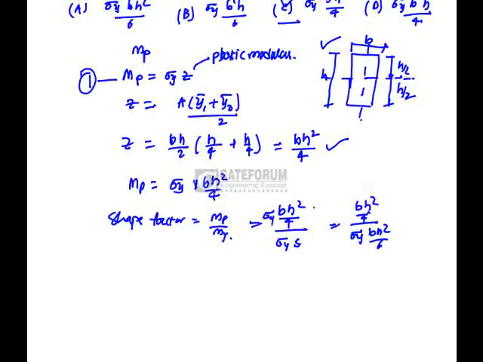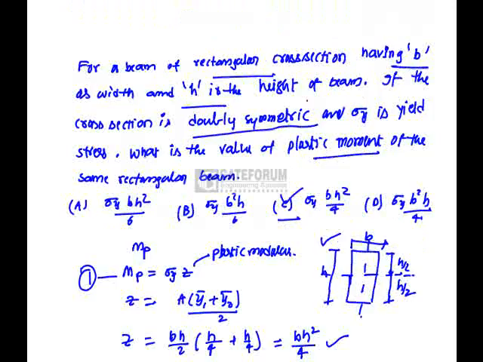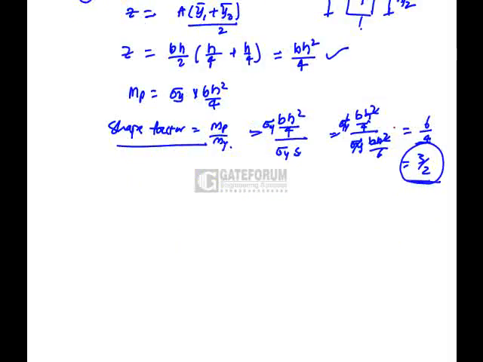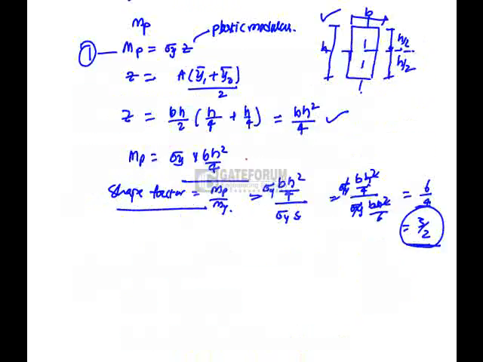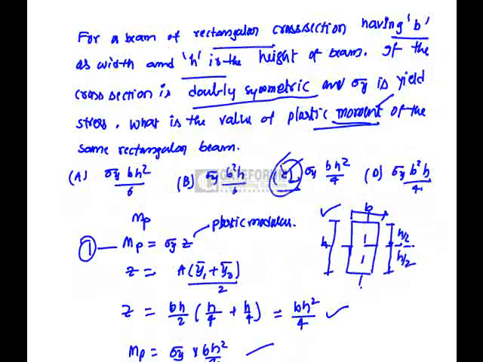Sigma y is also going to be here, so sigma y and BH square are cancelled, 6 by 4, that is equal to 3 by 2. The shape factor of a rectangular beam having a width of b and h, with the cross section doubly symmetric, is going to be 3 by 2. This also is going to be one of the questions. For this question, they have asked the plastic moment, so the plastic moment is sigma y into BH square by 4. So option C is correct.